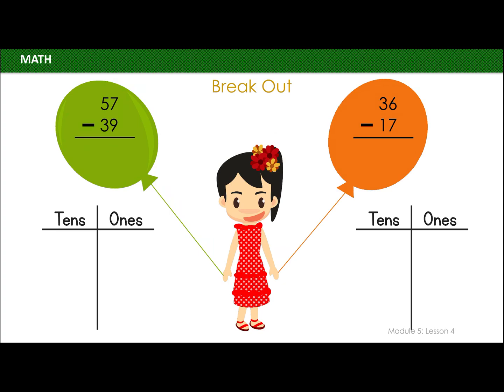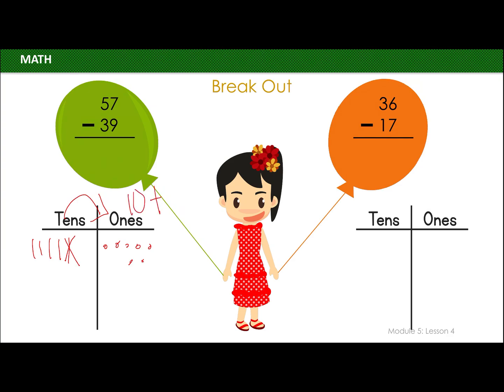We are going to be doing the same thing using our 10s and 1s mat, just some more practice. So 57 minus 39. So I can't take 9 away from my 7, so I have to regroup. So I'm going to be doing it in my 10s and 1s mat. So I know that I need to regroup by taking away one of my 10s and adding that to my 1s.